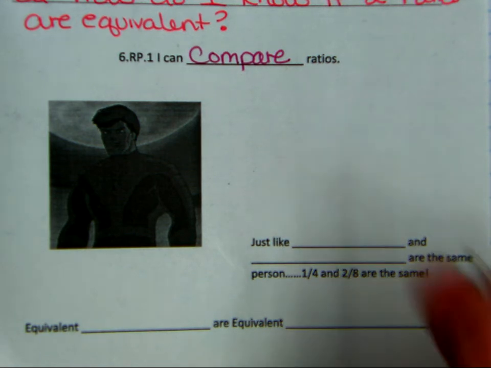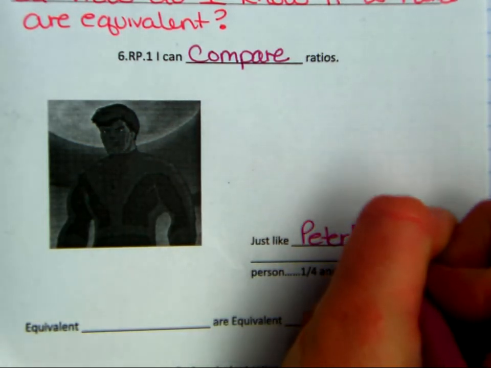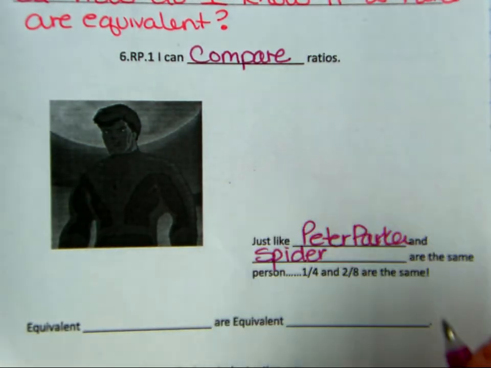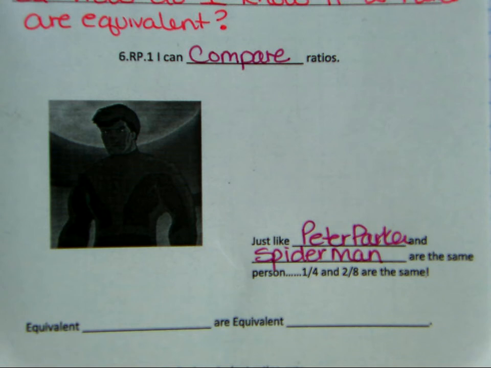So just like Peter Parker and Spider-Man, or like Clark Kent and Superman, are the same person, 1/4 and 2/8 are the same. Now, one of the ways that we write ratios is as fractions, right, guys?